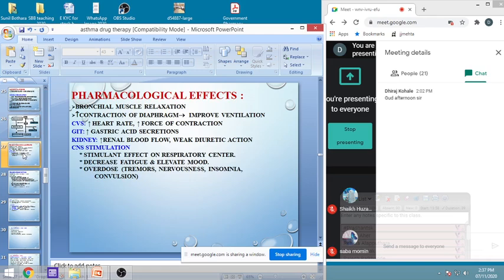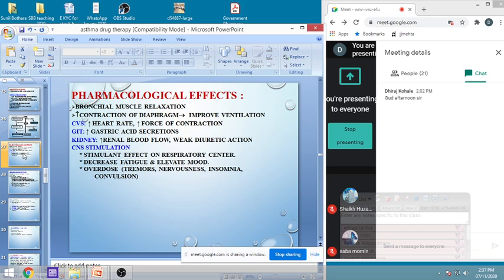So what are the effects? It causes bronchial muscle relaxation, it increases the contraction of the diaphragm, and it improves ventilation. On the CVS it causes an increase in heart rate and in the force of contraction. In the GIT it causes an increase in gastric acid secretion. In the kidneys it causes an increase in renal blood flow and shows weak diuretic action.